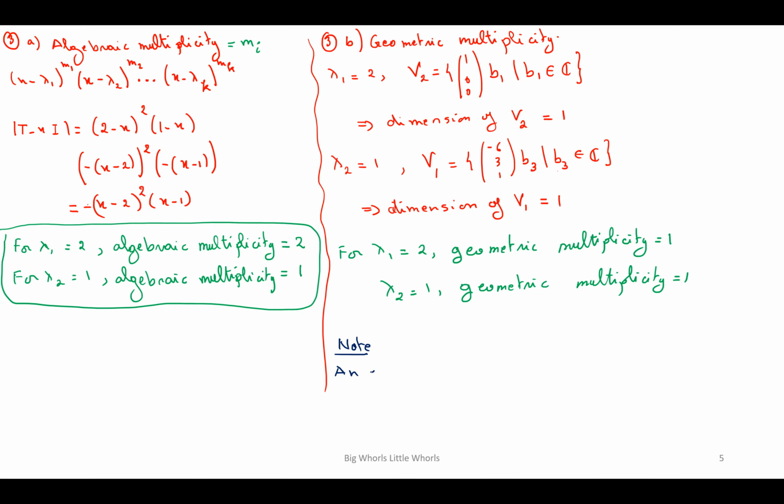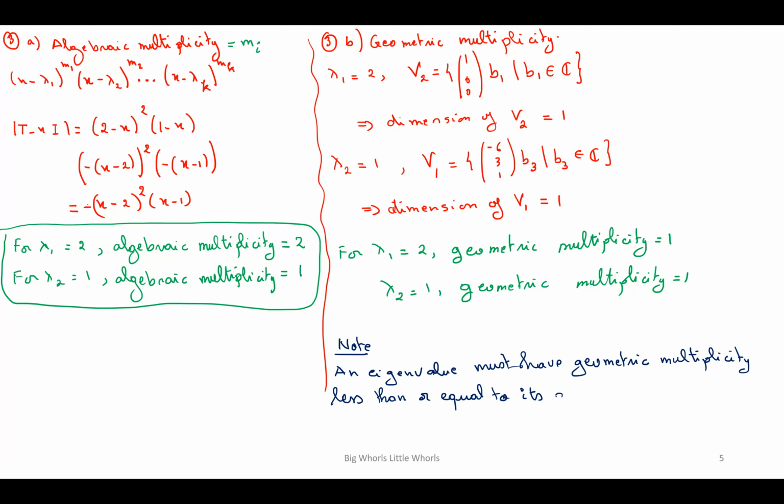Okay, and an eigenvalue must have geometric multiplicity less than or equal to its algebraic multiplicity.